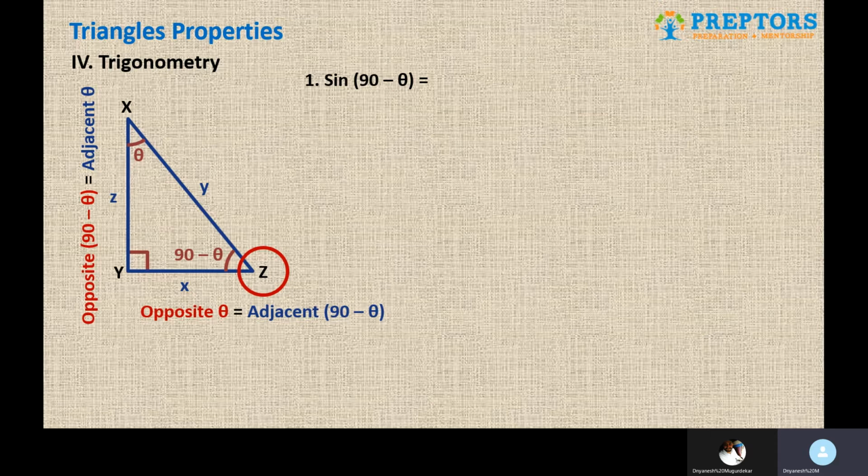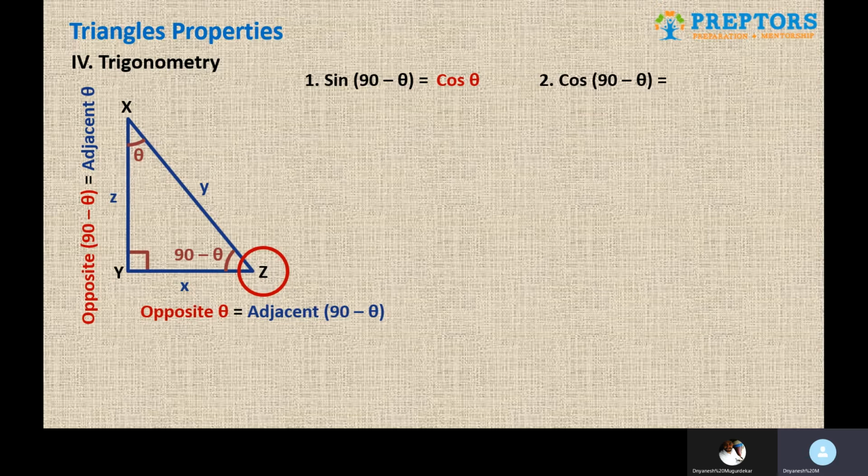The first one, sine 90 minus theta. Obviously 90 minus theta will be in the first quadrant, and because it is 90 minus theta, we will change to cos theta, and in the first quadrant sine is positive, and hence the answer is positive cos theta. Next, cos 90 minus theta, the angle is in the first quadrant and it is 90, so we have to change.